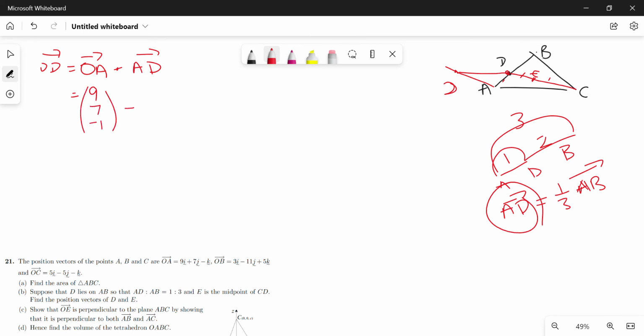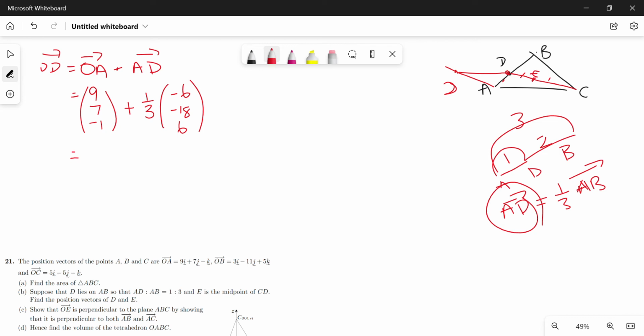And then now we've got a third of AB, and we've already got AB from when we did part A. So what did we have for that one? I think it was AB, negative 6, negative 18, and 6. So actually we could divide by 3 and get rid of that, a third.